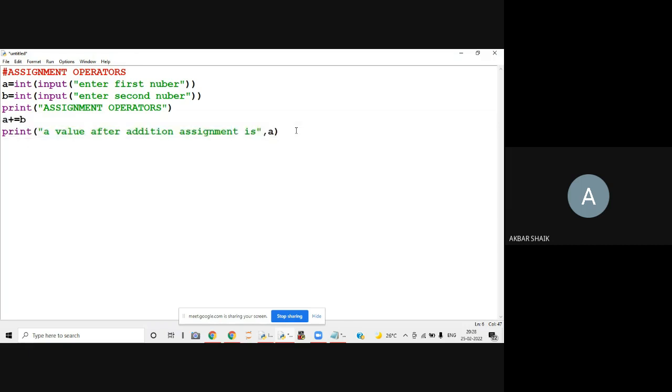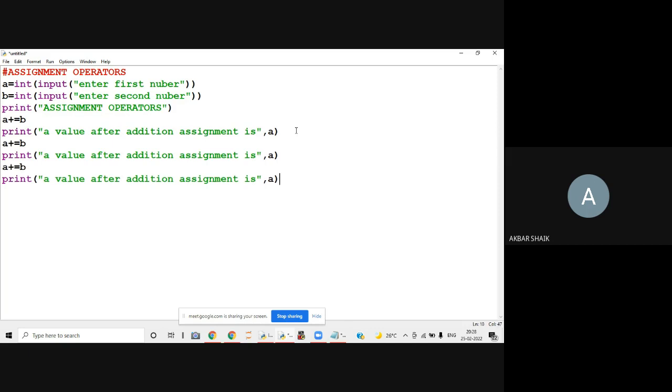If you observe here in print, I am not writing A plus equals B directly. That is the reason why I got an error there also. Here I am just performing operations one by one.